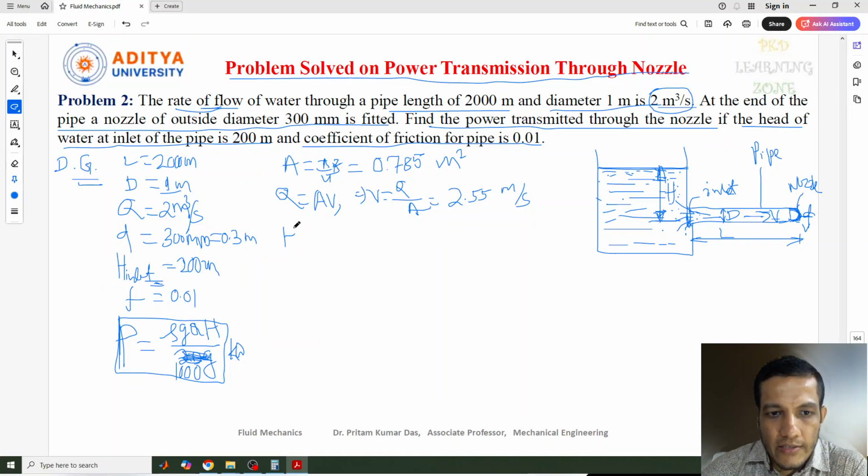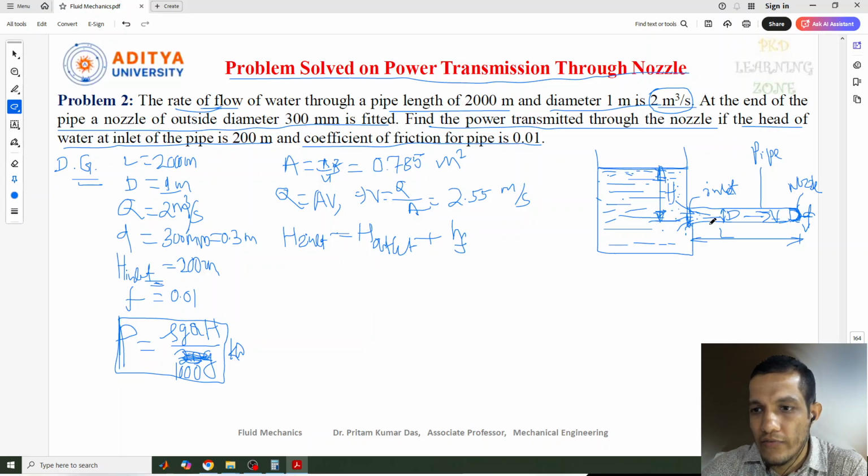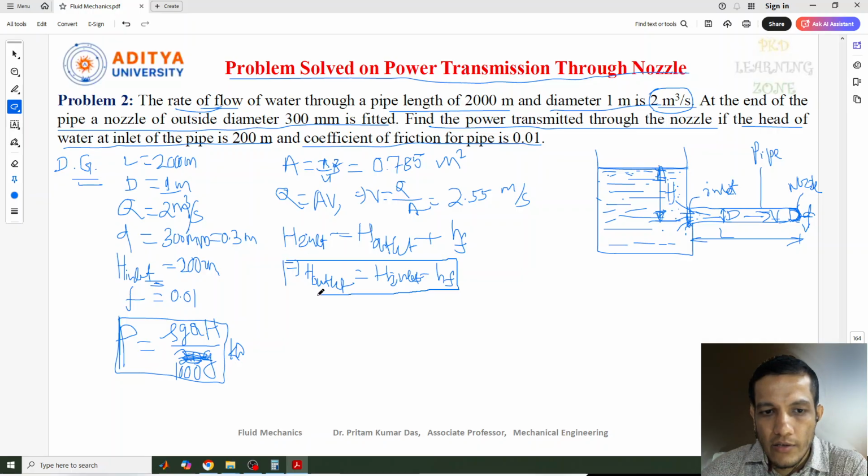We know that we can write, the head at the inlet equal to the head at the outlet plus the losses happened, the head loss or loss of head during the fluid flow in the pipe. And here we can write H outlet equal to H inlet minus hf. So put this value in this power equation.